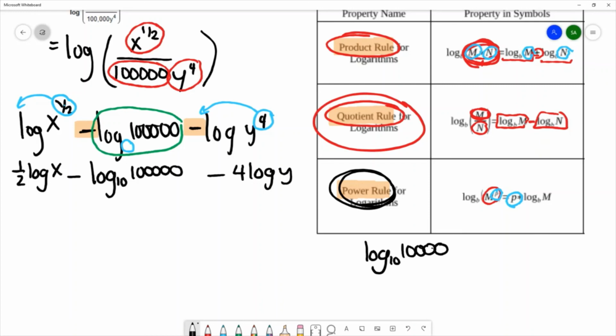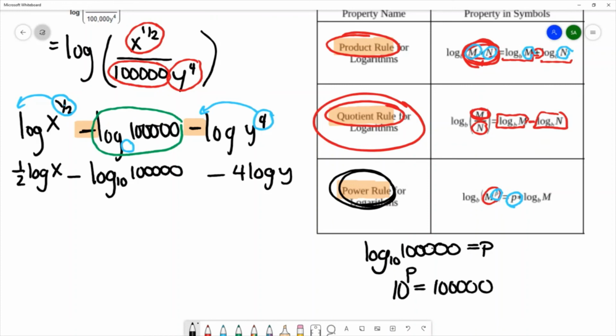So we have a strategy where we say, I'm not sure what this equals. Let me rewrite it as an exponential. As an exponential, we would say the base of 10 to what power is equal to 100,000.